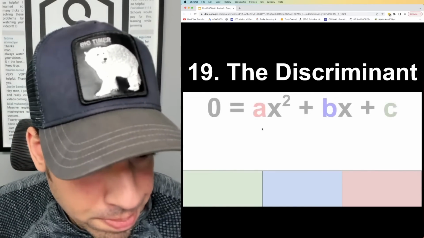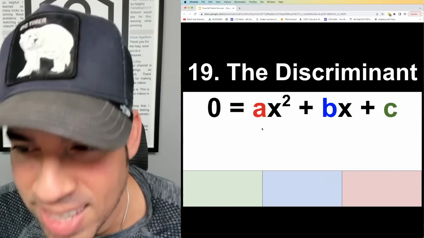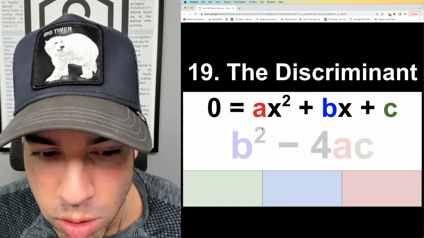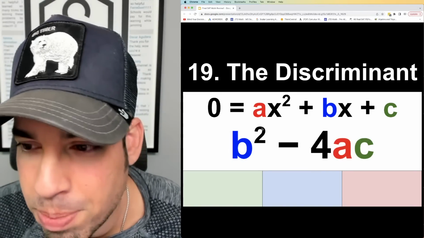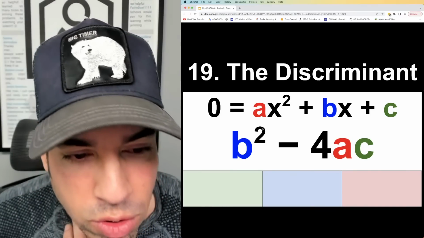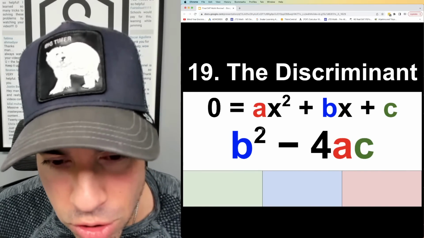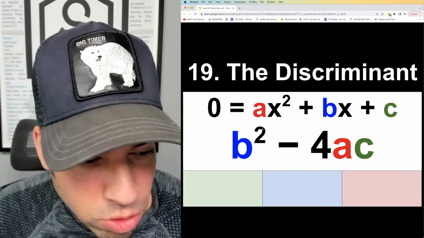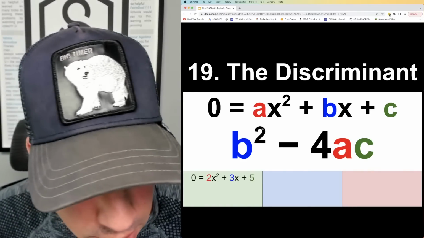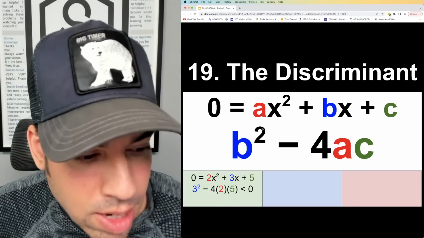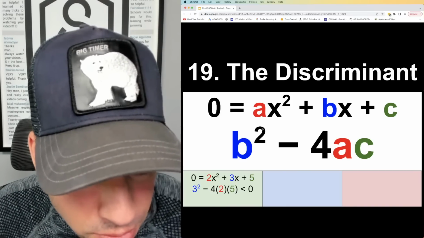The discriminant. Again, quadratics, okay? What is the discriminant? Well, you might notice it. That's that little piece from the quadratic formula that's under the radical. This is going to tell you how many solutions you have and the nature of the solutions. For example, in this case, my discriminant would be negative, right? 9 minus 40?